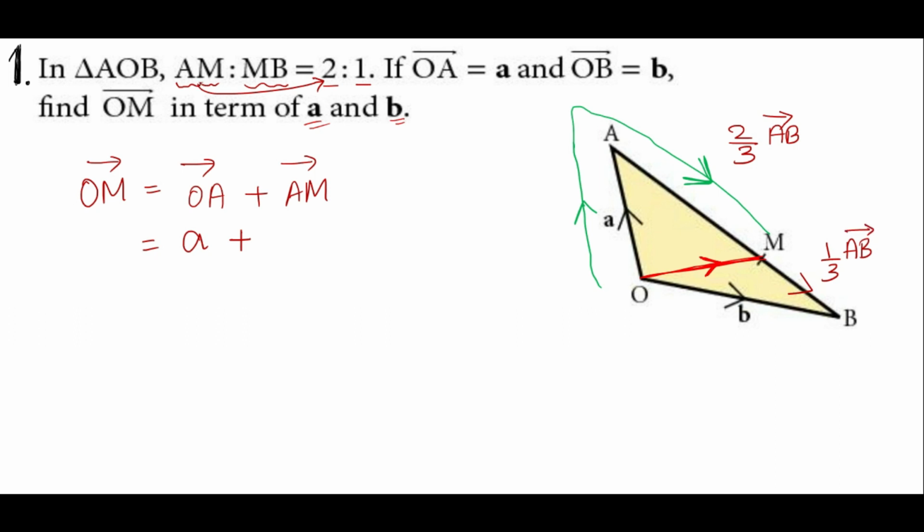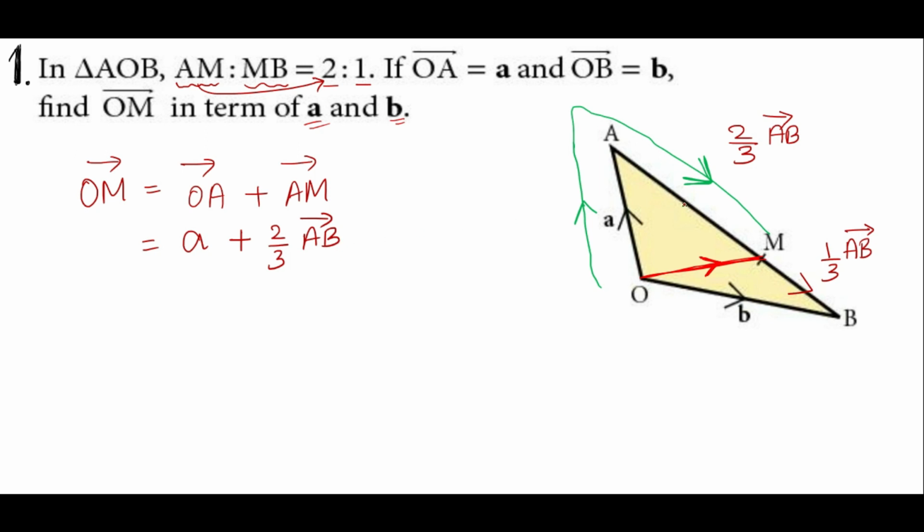This is the meaning of the statement that AM is to MB is in the ratio 2:1. And remember, the denominator is the sum of these two terms, 2 and 2 plus 1 gives you 3. So let me write that here, 2/3 of vector AB.